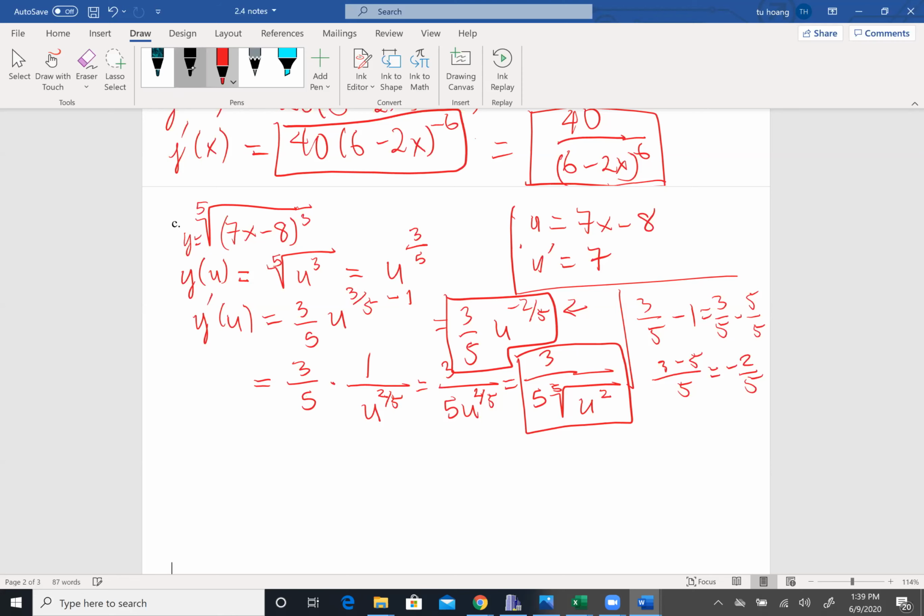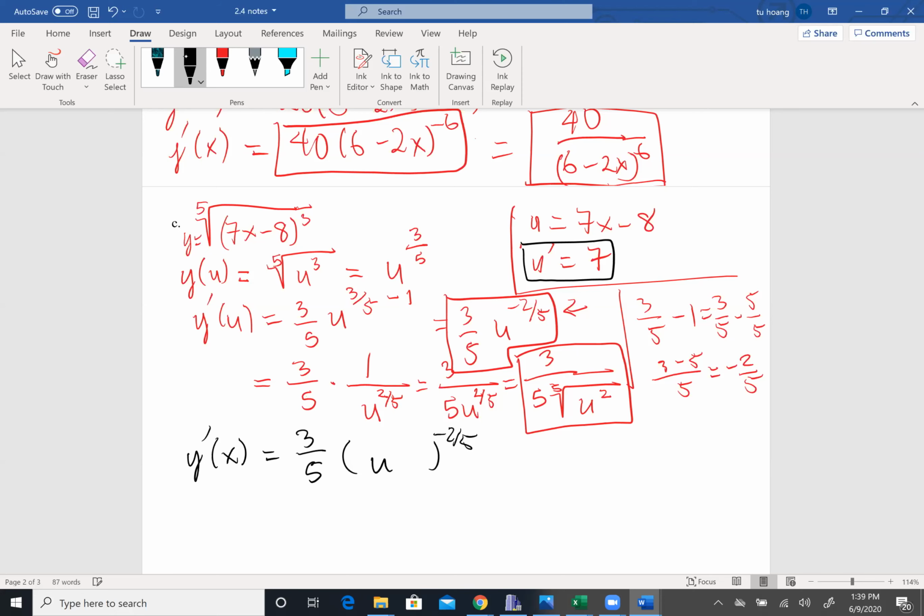I would like to change the color and then use this as the u derivative of 7. U derivative is equal to 7. So now I'm going to have the derivative of y with respect to x equal to the outside derivative, which is 3/5 times u to the power -2/5, right?